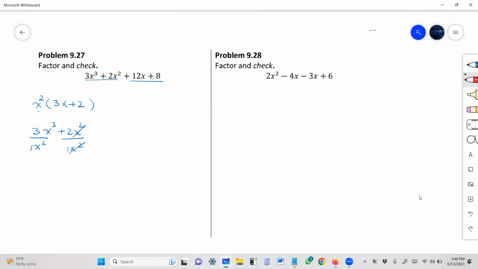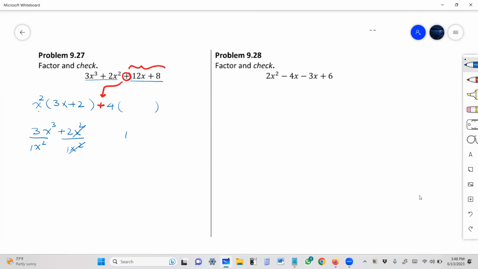In the second group, and this is always going to be the case, there will be a sign in the middle, either positive or negative. In this case, it's positive. You're going to write that sign here. If it is positive, you write positive. If it's negative, you write negative. Now find the GCF for 12x plus 8, which is 4. 4 is the largest number that can go into 12 and 8.